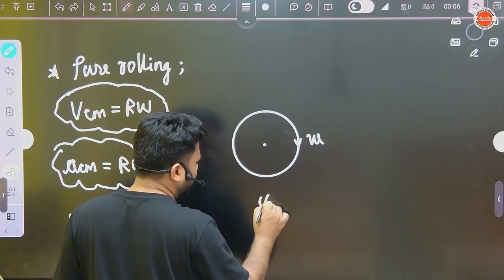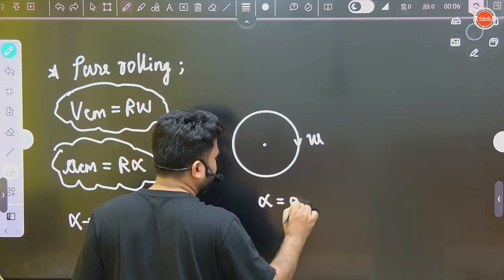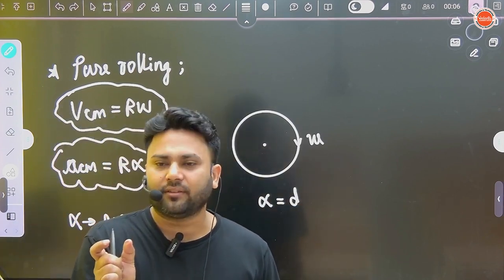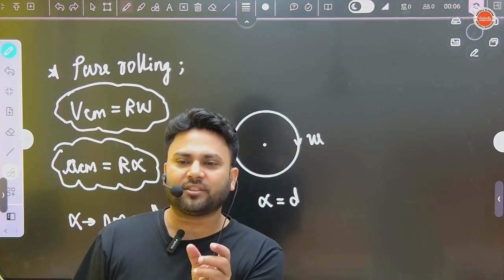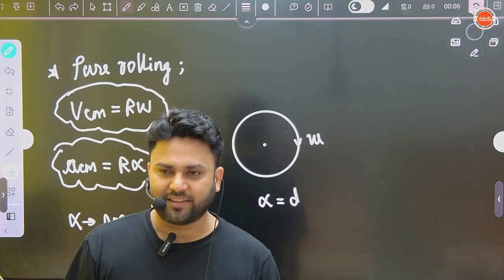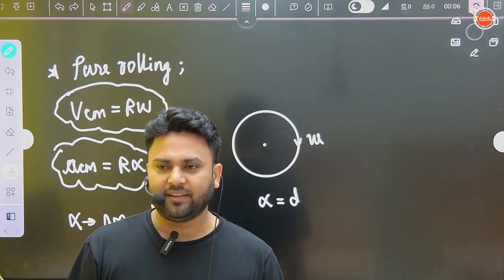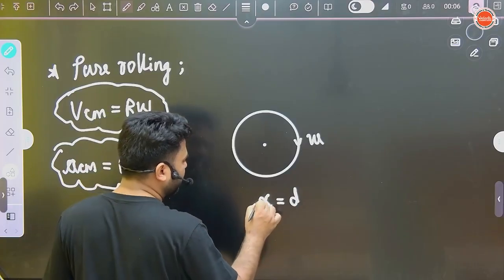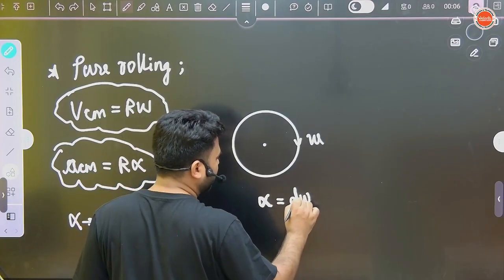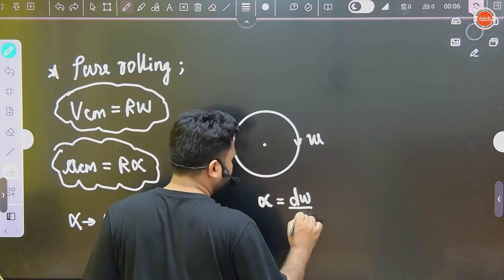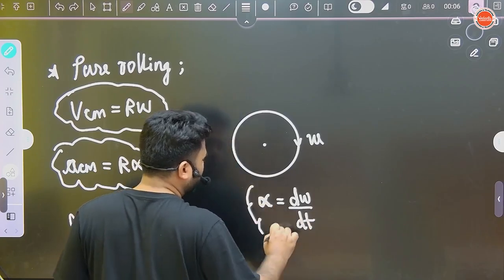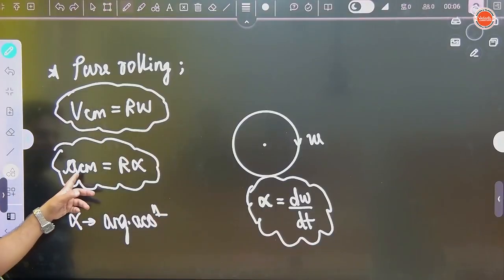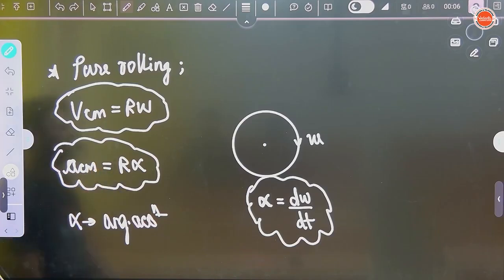So we define angular acceleration. Just like we define normal acceleration as dv by dt, change in speed divided by time, similarly we define angular acceleration as d omega by dt: how much the angular speed is changing in how much time. So this you should know: acceleration of center of mass equals r alpha.